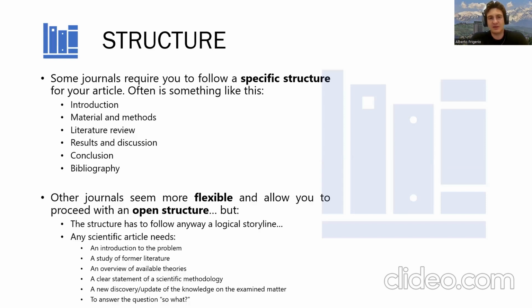And anyway, in any scientific article, you need to include an introduction to the problem and its relevance, a study of the former literature, because we don't want to reinvent the wheel again and again.